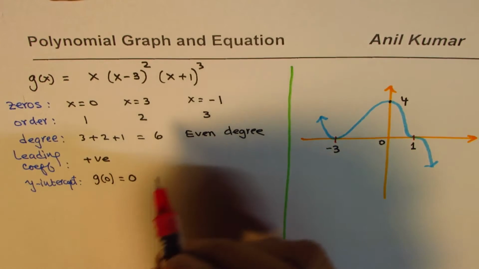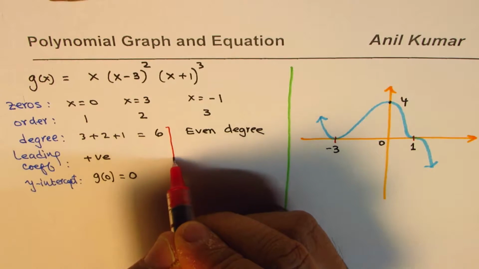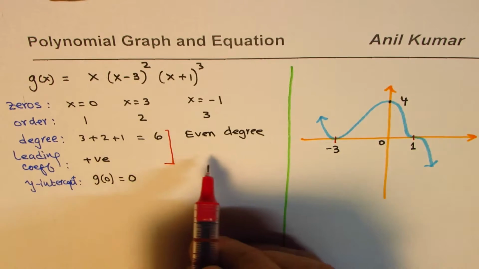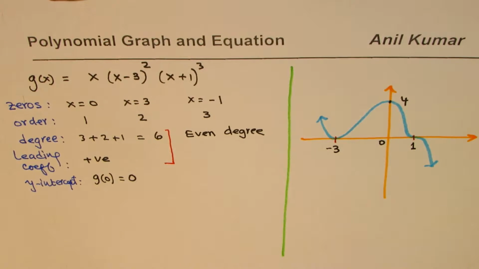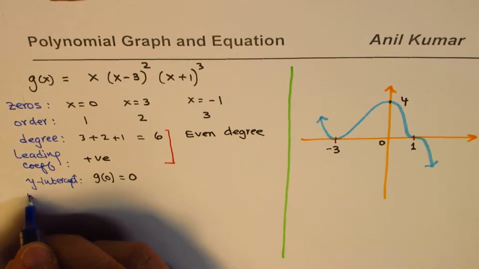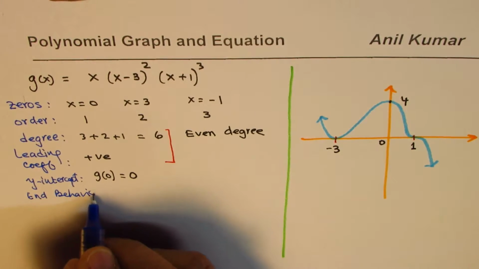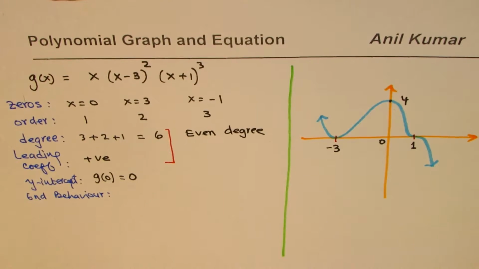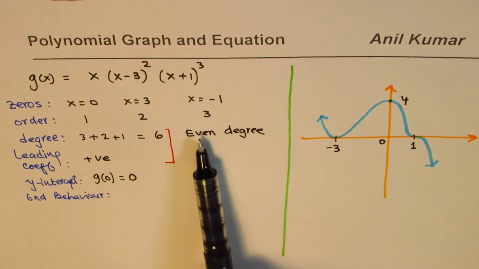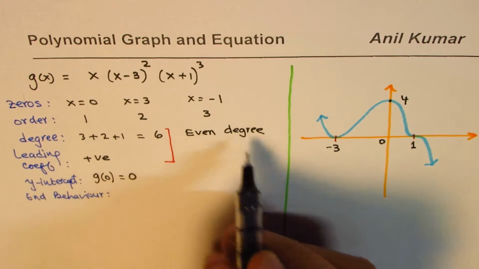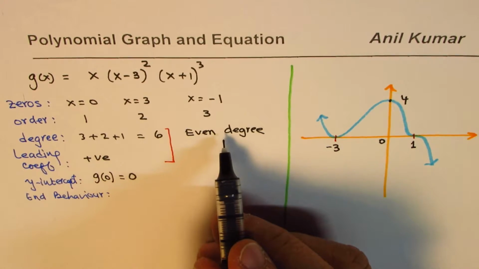Now, these two things here, even degree and positive leading coefficient, tell us something about the end behavior. So let me write down the end behavior here. What does it tell us? We have an even degree. When I say even degree, that means both ends are facing the same side.